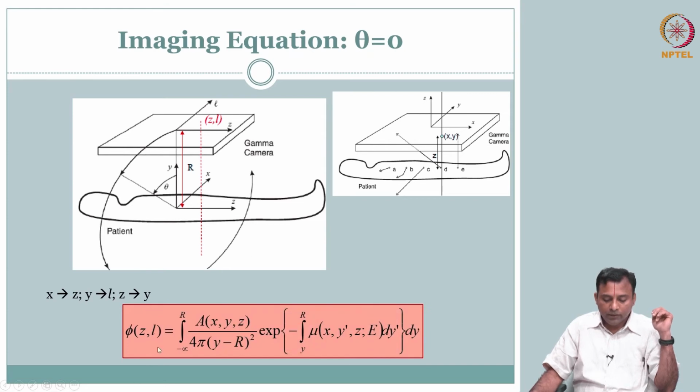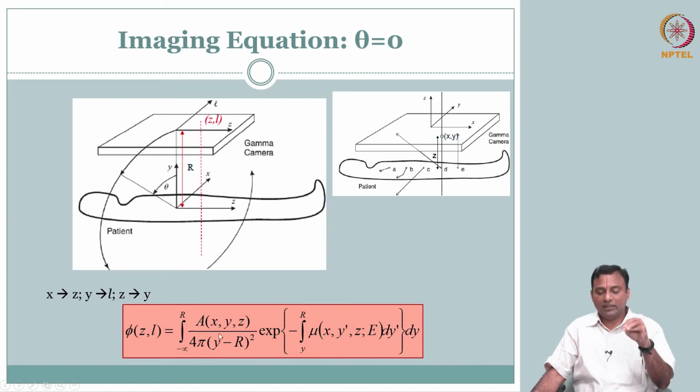If you do that, it is the same equation; I have just changed the variables. So, with the equation we got before, phi of Z comma L is, you have this A of X comma Y comma Z, your radioactivity. Here we have not really changed much; we have left the radioactivity as A of X comma Y comma Z, patient coordinate. We will not worry too much about it right now.